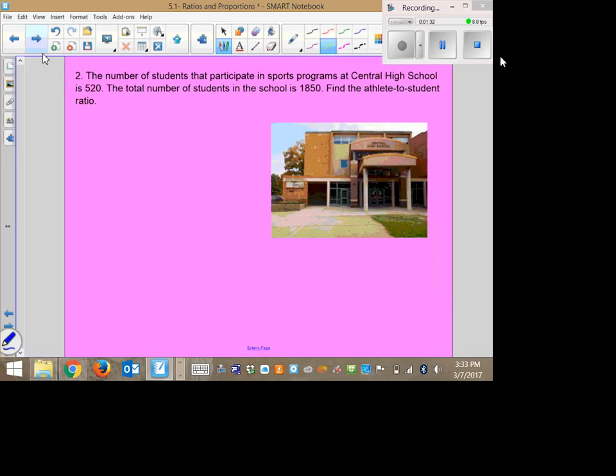The number of students that participate in sports programs at Central High School is 520. The total number of students in the school is 1,850. So find the athlete to student ratio. So we have 520 athletes, and we can divide that by our 1,850 total students.